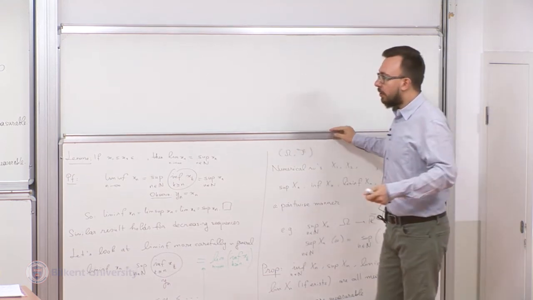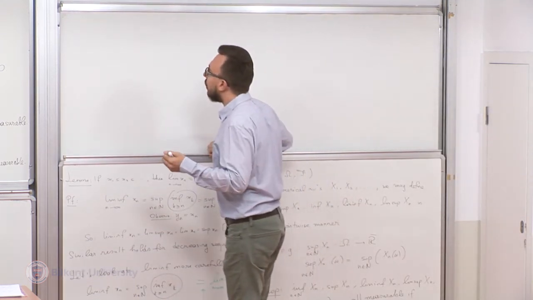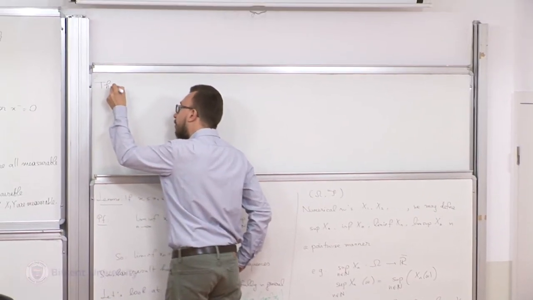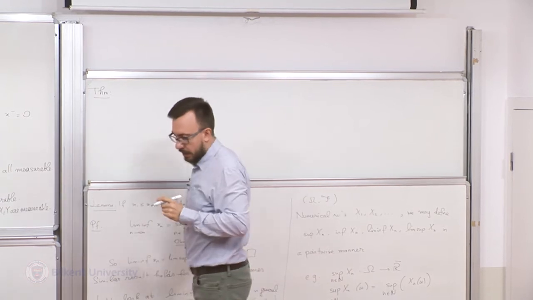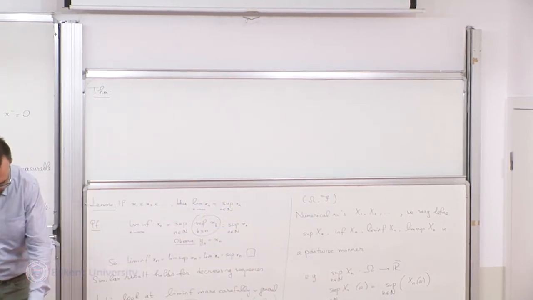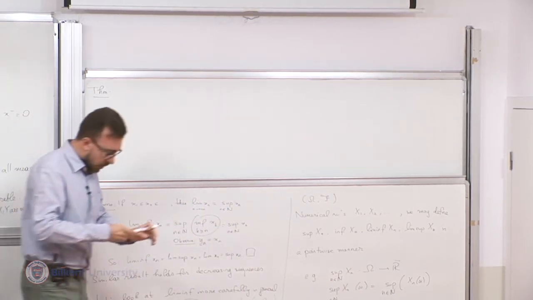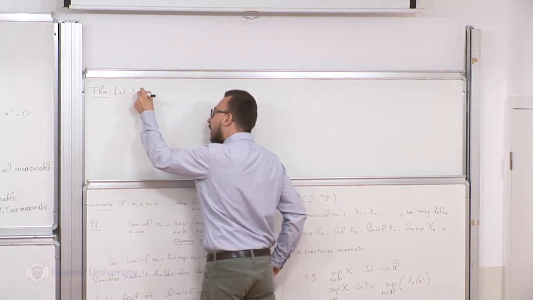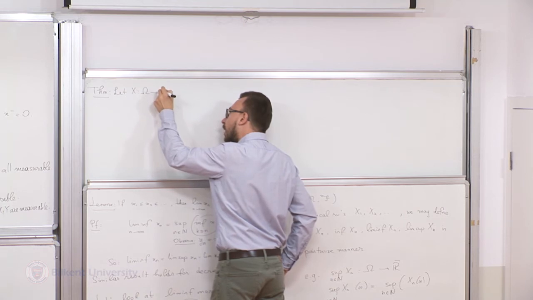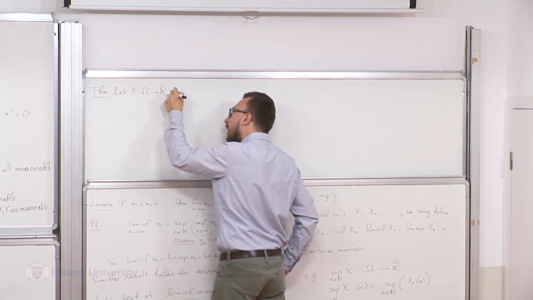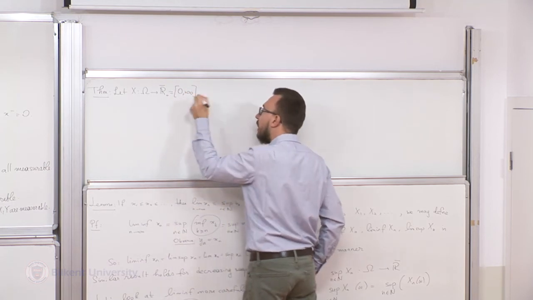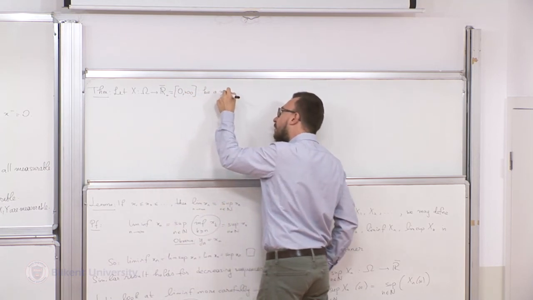Okay? So here's an important theorem for this purpose, and we're going to prove it now. Let X from omega to R bar plus, which is 0 to plus infinity included, be a measurable function.